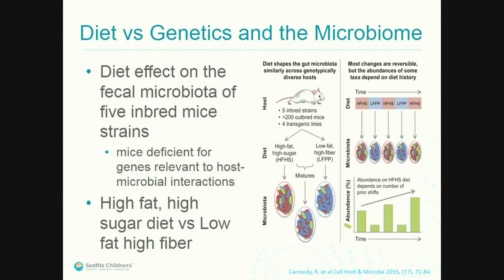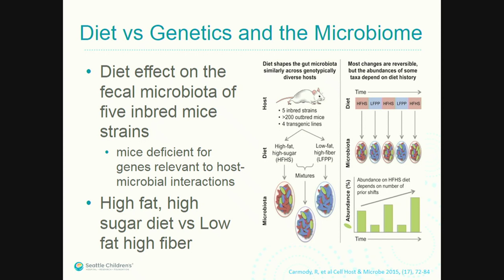And what they did was they looked at diet's effect on the fecal microbiome in 5 inbred species of mice. And these mice were deficient for genes that were relevant in host microbial interaction. So genes that were relevant in conditions like inflammatory bowel disease. And they gave them a high-fat, high-sugar diet or a low-fat, high-fiber diet.